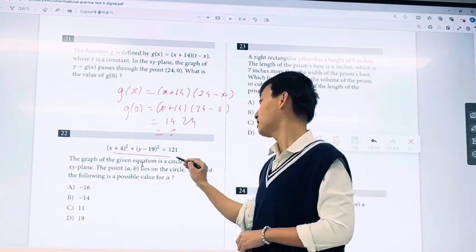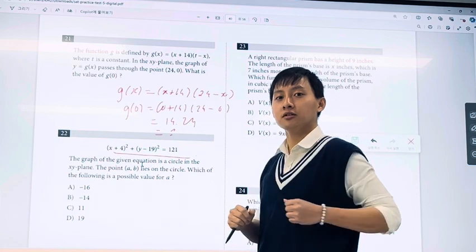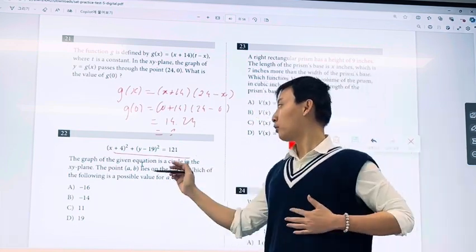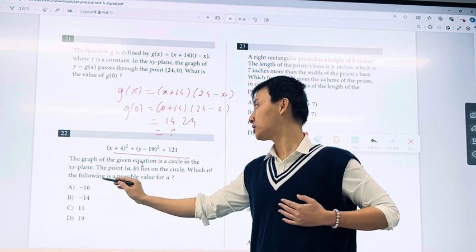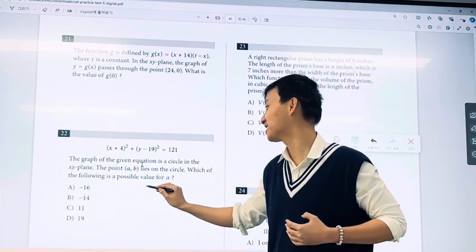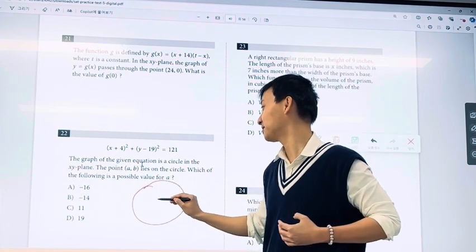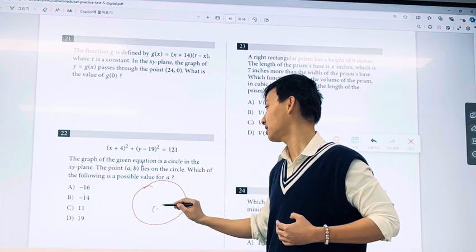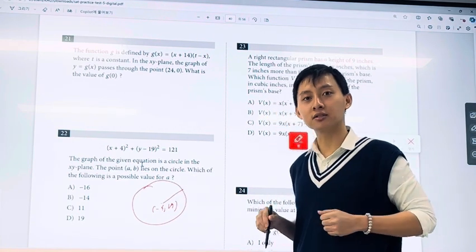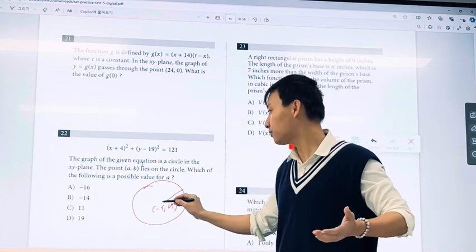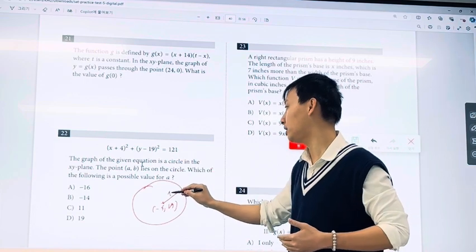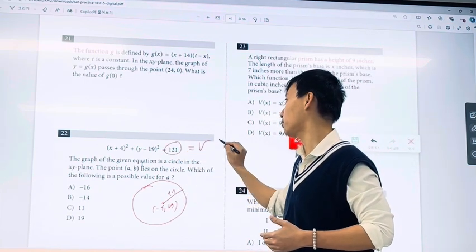Next one. You can see on the circle equation, one thing that you need to remember is that for the point, okay, this is a circle. Oh, it's not a circle. Sorry, I'm not good at drawing. So this is -4 and 19. Because the point lies on the circle, the distance from the center to this point must be equal to 11. For the radius, you take the square root of 100.